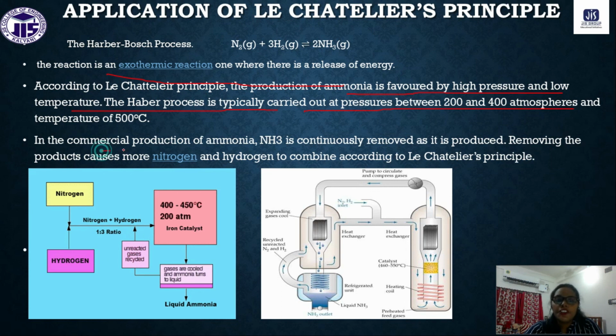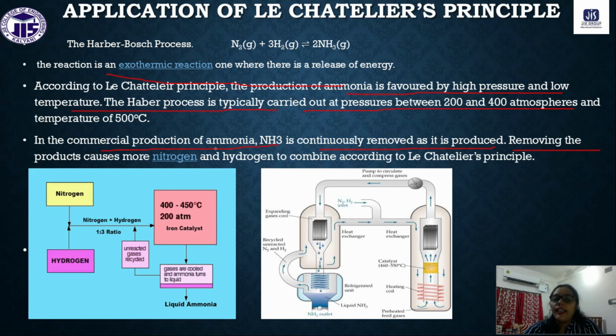In the commercial production of ammonia, the ammonia is continuously removed as it is produced. If we continuously remove the ammonia, there is a deficiency of product in the reaction medium, and to minimize that effect, more nitrogen and hydrogen molecules will react with each other, forming more ammonia.